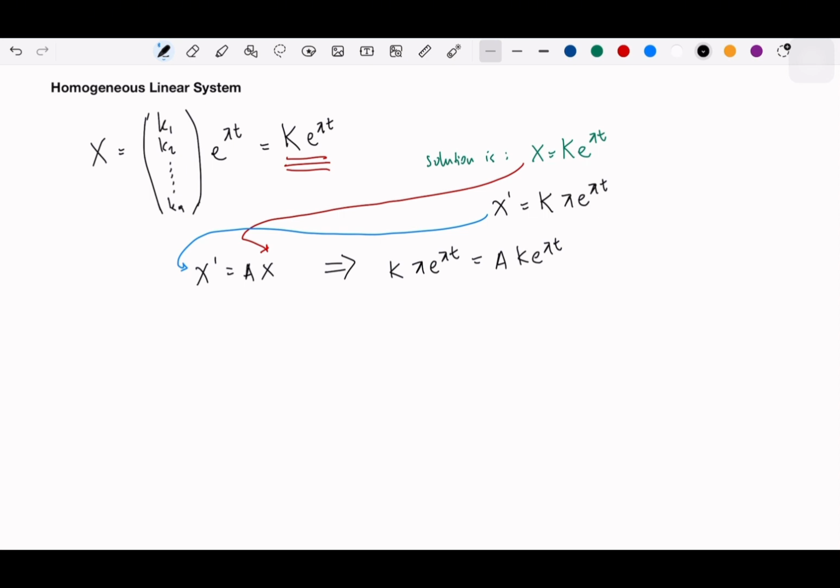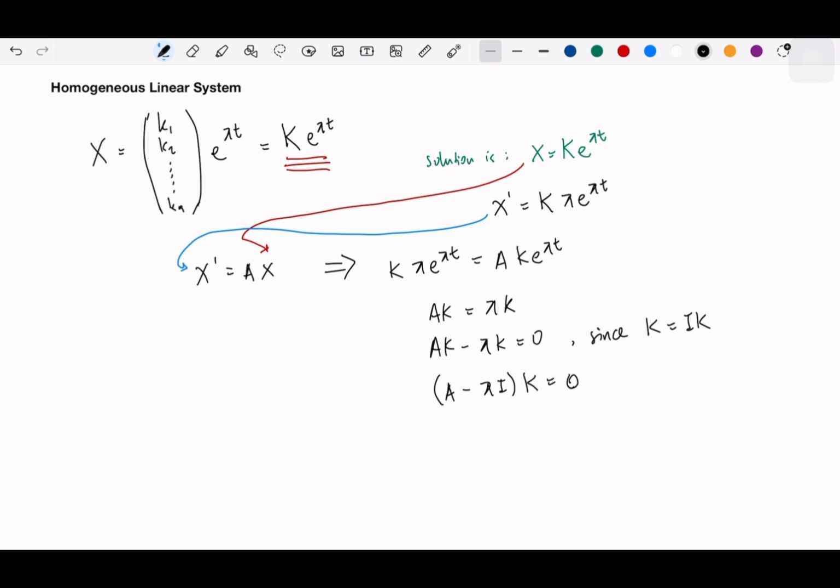We are going to get A k equals lambda k, the very original eigenvalue equation that we discussed earlier. So we can say that A k minus lambda k equals 0. Since k equals the identity times k, then we can write the same equation as we did: (A minus lambda I) multiplied with k needs to be equal to 0.